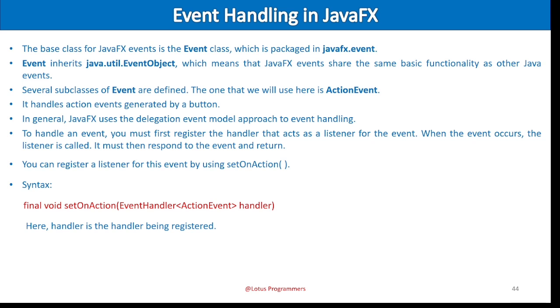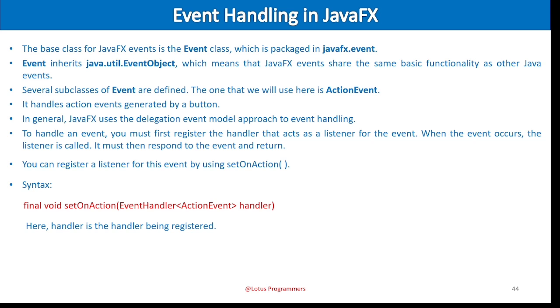In the delegation event model, the source object, the user interface object which generates an event, registers respective handlers in order to listen for the event as well as handle the event. When the event occurs, the respective listener is called, and it handles the event.